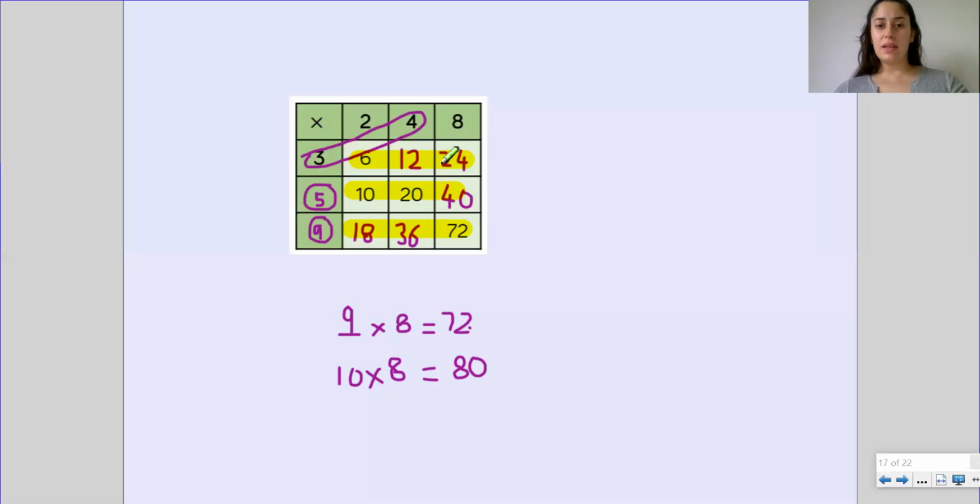Is that the same pattern that we noticed here? Well, what's double 6? Well, double 6 is 12 and double 12 is 24. So these two rows are being doubled. What about this last row? What's double 18? You can pause the video to have a go at this yourself.